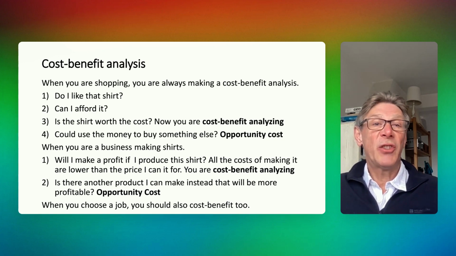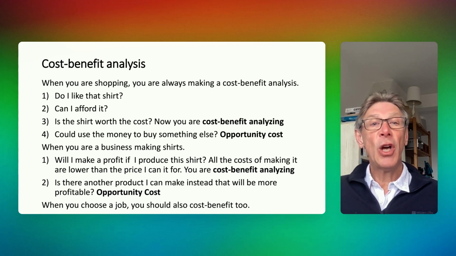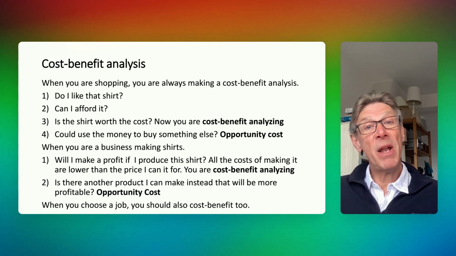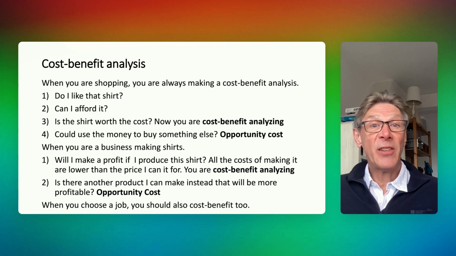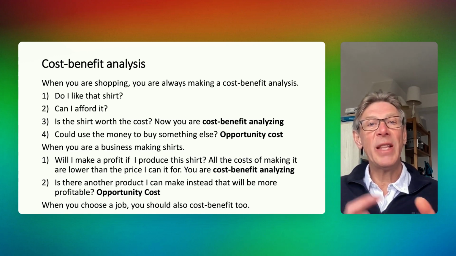A job isn't just how much money you make, it's how much you enjoy the work, how much you enjoy the friends that you work with. If you go and do a job that pays you more money, then that's a benefit, but you might not see your friends. So you're doing that cost-benefit analyzing, trying to choose your job.